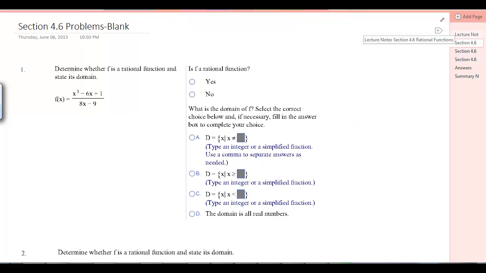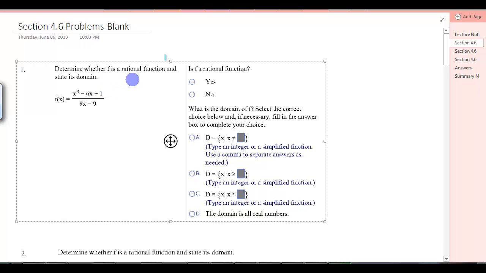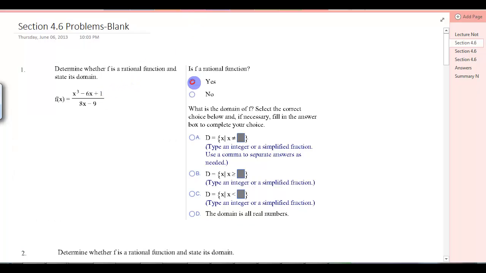All right, the first one says determine whether this is a rational function. And remember that the top had to be a polynomial and the bottom had to be a polynomial. That is the case here, so yes, it is. What is the domain? Select the correct choice.